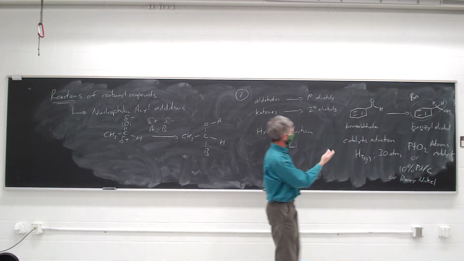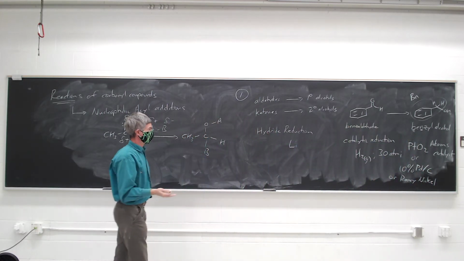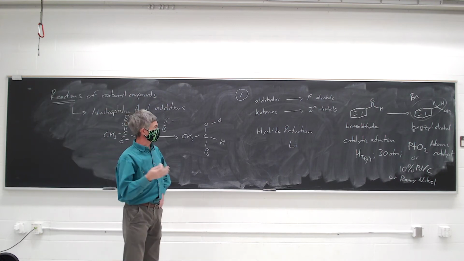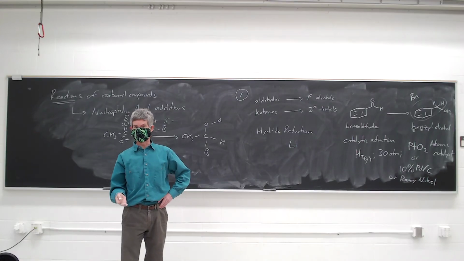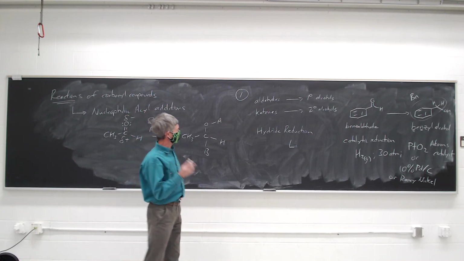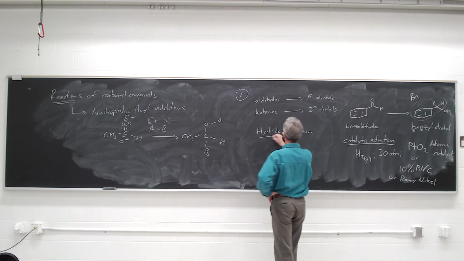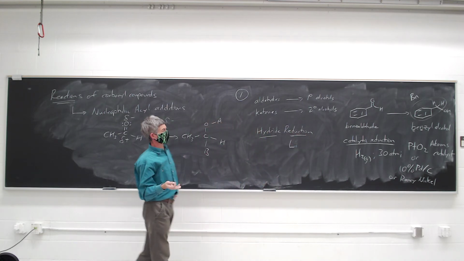And that catalytic reduction will actually reduce carbon-carbon pi bonds as well as carbon-oxygen pi bonds. It's not usually the best way of reducing a carbon-oxygen double bond. The best way is usually hydride reduction instead of catalytic reduction.